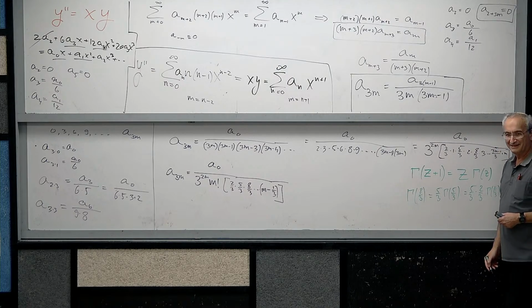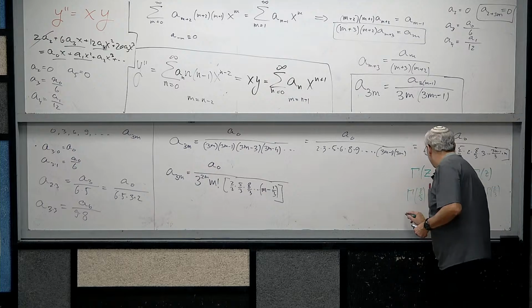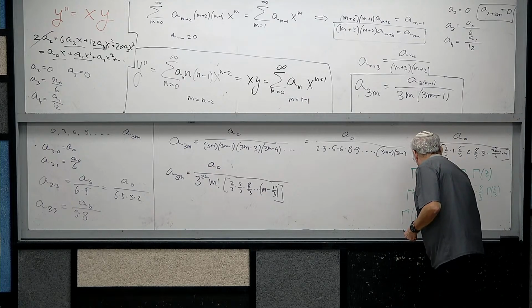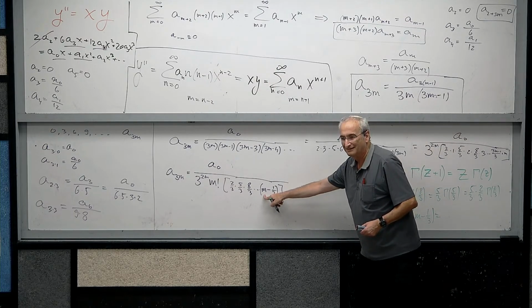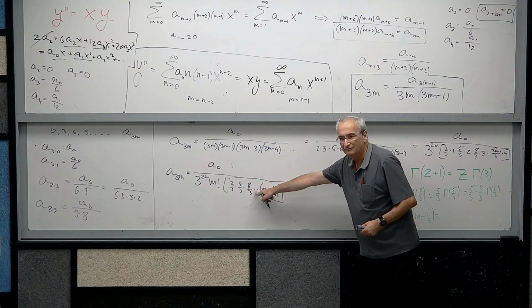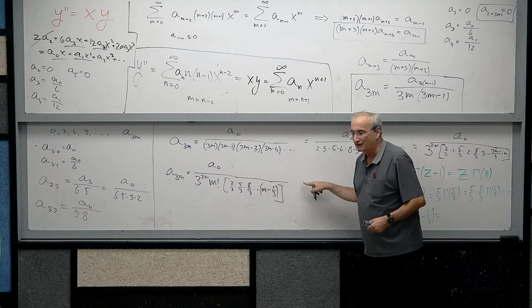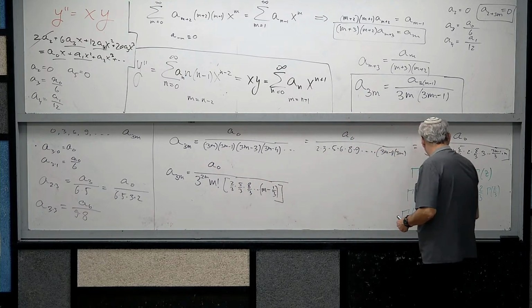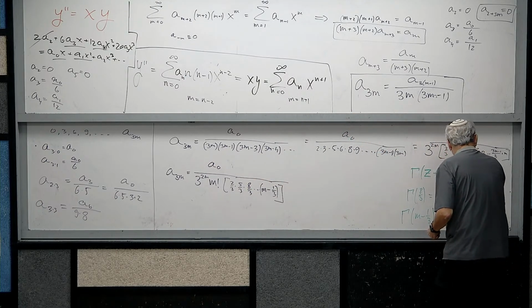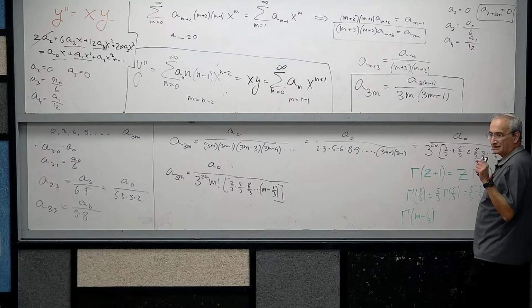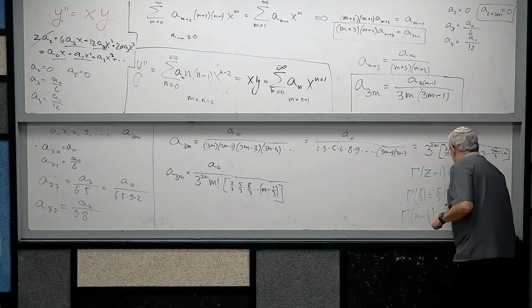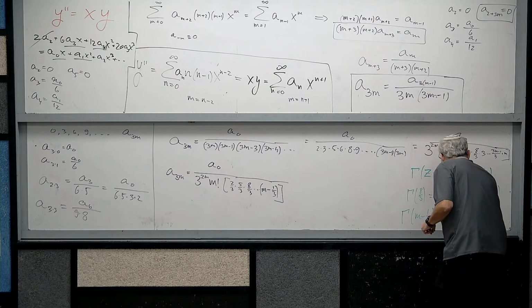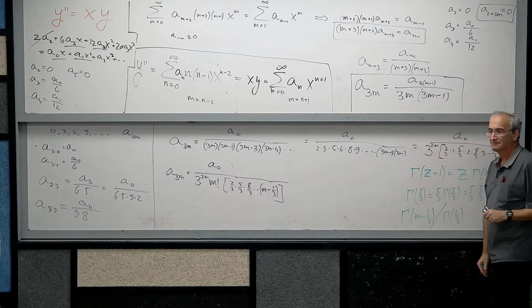So you see the trick? If I start with gamma of m minus 1/3, it will give me m minus 1/3 times m minus 4/3. It will give me all this series. At the end, I will end up with gamma of 2/3, and here is where I want to stop. So I will stop by dividing it by gamma of 2/3.